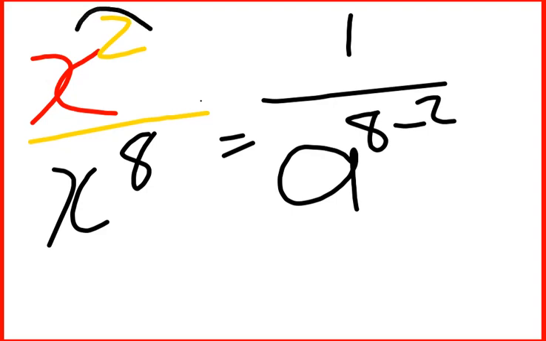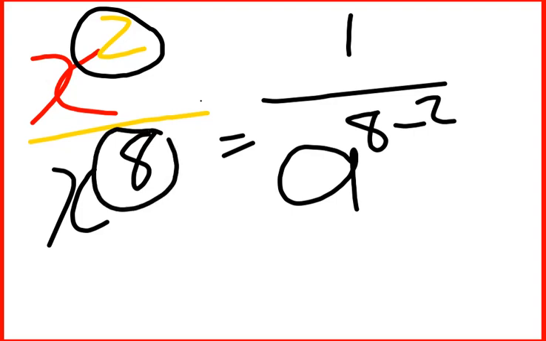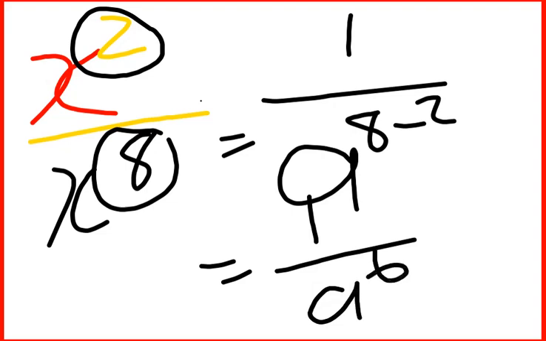When this exponent is smaller than the one on the bottom, then that's what you do. And your answer would be 1 over a to the power of 6. So it all depends on which exponent is bigger. You take the big one and subtract the smaller one from it.